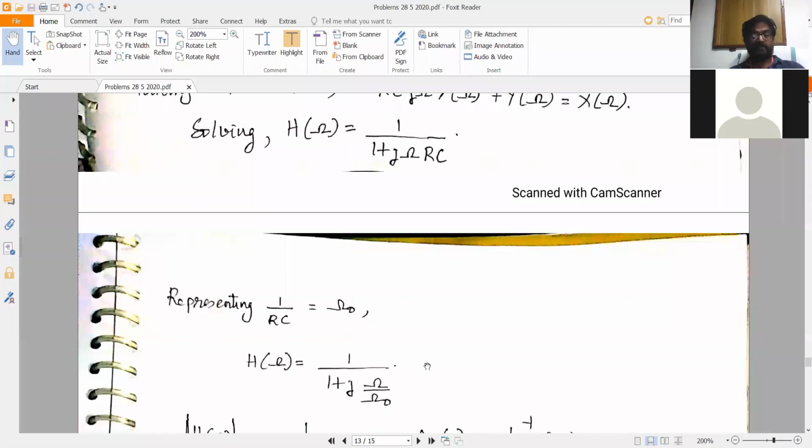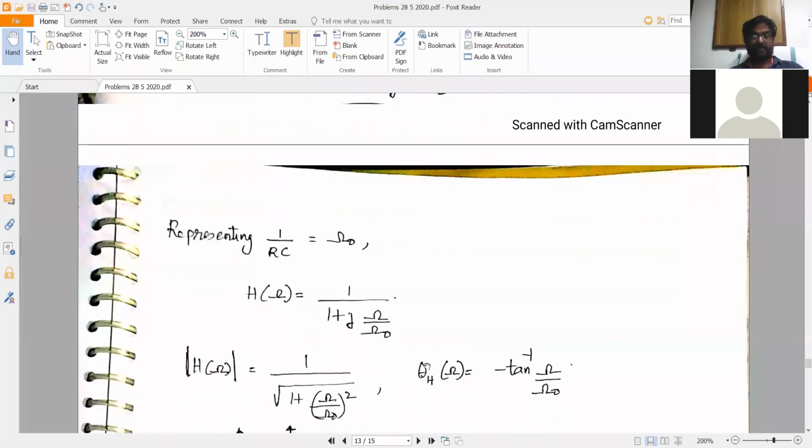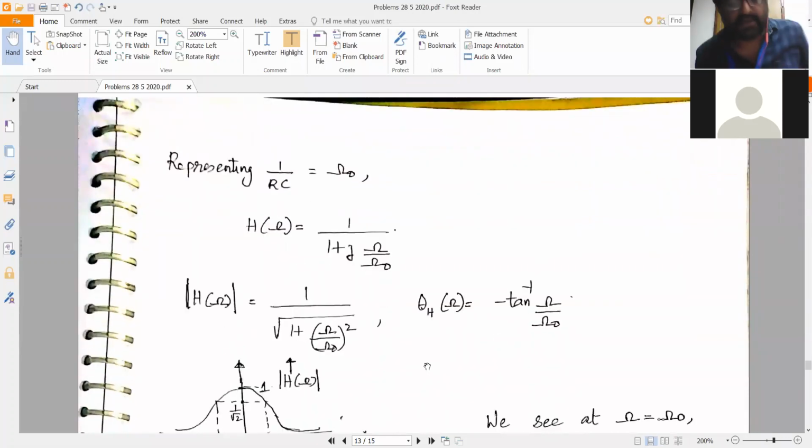The modulus of H(omega), which is the magnitude response or the gain of the filter, is equal to 1 by root of 1 plus (omega by omega 0) the whole square. And the phase response theta H(omega), since this is in the denominator, is equal to minus tan inverse of omega by omega 0.